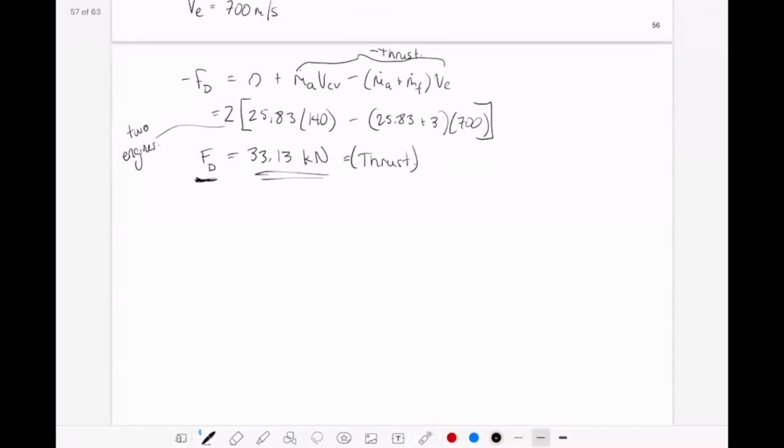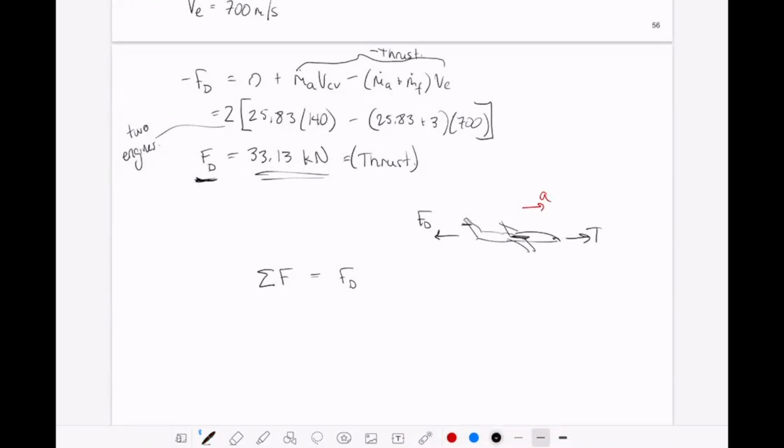So just to go over again why the drag force is equal to the thrust. When we're traveling at a constant velocity, we just write our sum of the forces. Sum of the forces on the system, we could say, is equal to drag force, let's say our aircraft, so we're just looking at the forces acting on the aircraft now. We have our drag force, and we have our thrust, we have our acceleration.